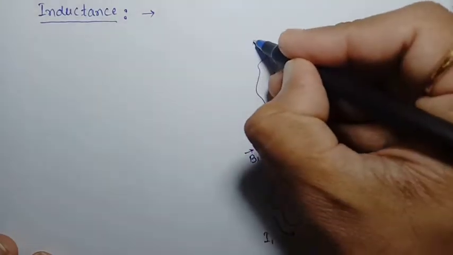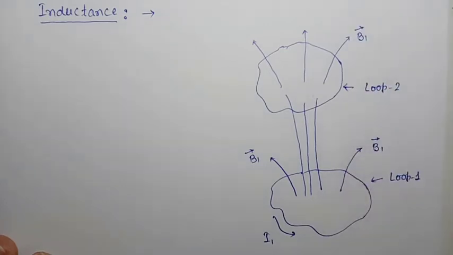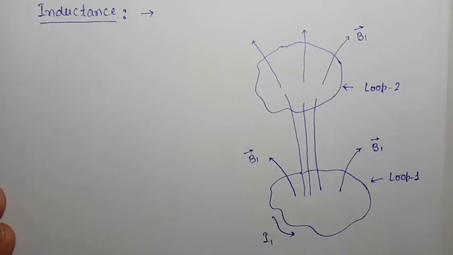That is, here also we have B1. So conceptually, when steady current I1 flows through loop 1, it produces magnetic field B1, and some lines of magnetic field also pass through loop 2.